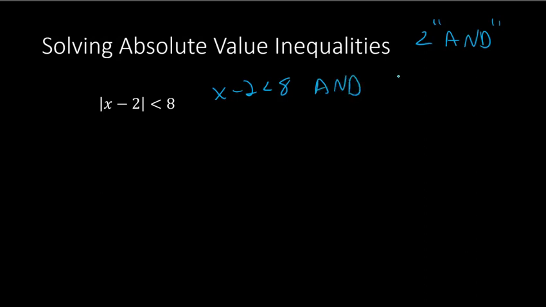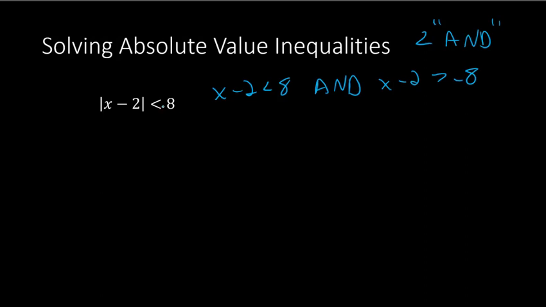Let's try some examples. Here we have the absolute value of x minus 2 is less than 8. All right, so first off, this is a less than symbol. So less than is going to be an and statement, which we can just jump and write as a combined inequality, because we know that we have x minus 2 is less than 8, and x minus 2 is greater than negative 8.